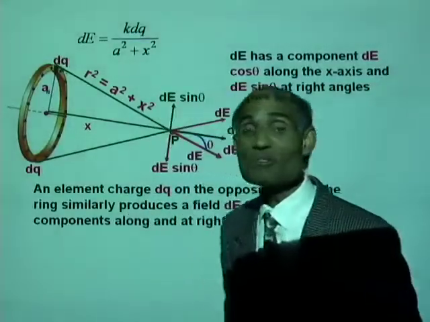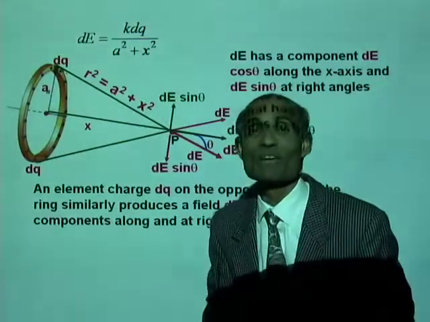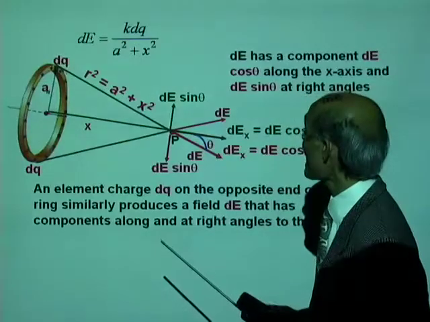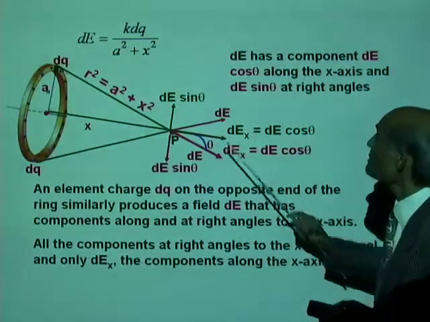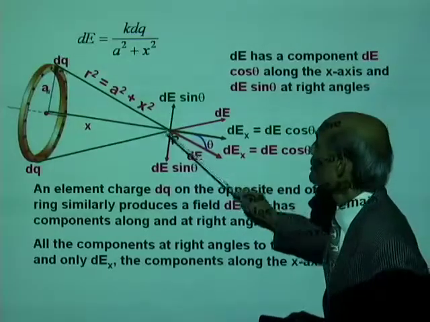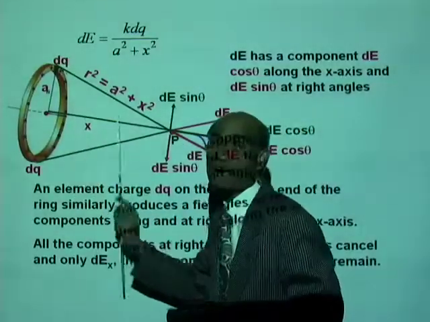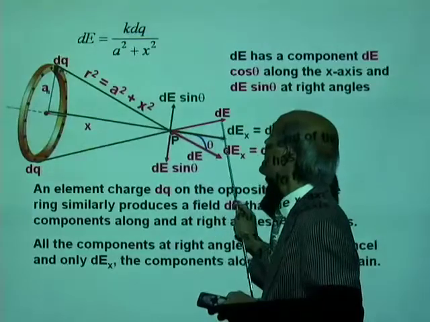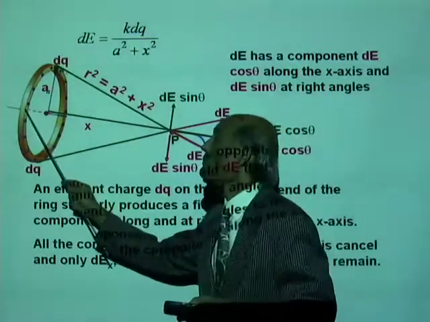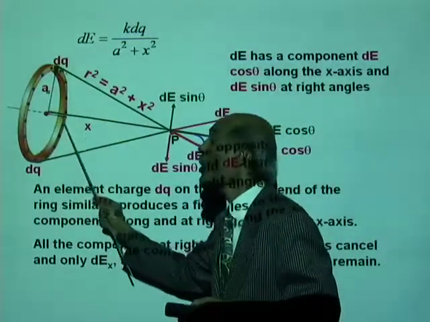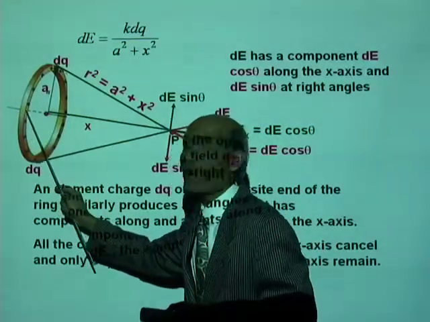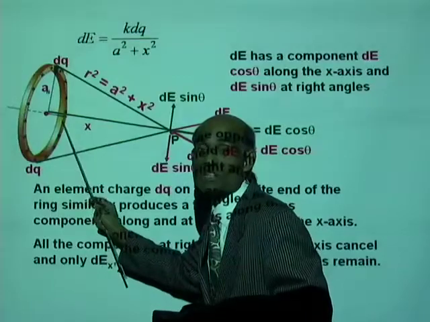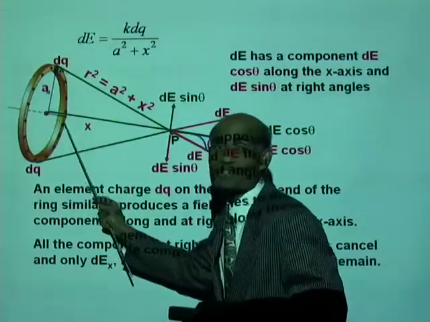If you now notice the symmetry of the ring, one very interesting thing happens. You can construct many such dEs by taking elements all over the ring. For every element on one side of the ring, there is a similar element on the other side.